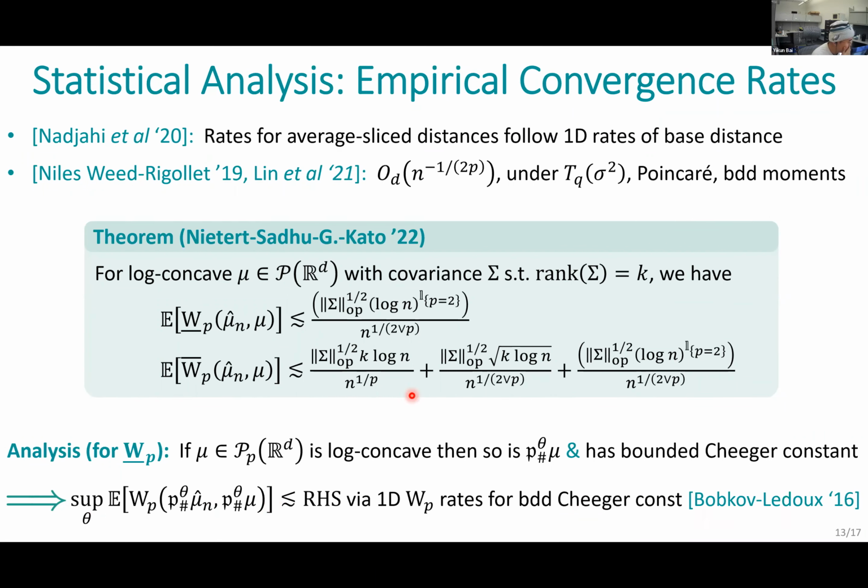The connection from Cheeger constants to log concavity is almost standard. So this is where it comes from. But if under some other assumption you can get control over this, then you can replace log concavity with that other assumption.